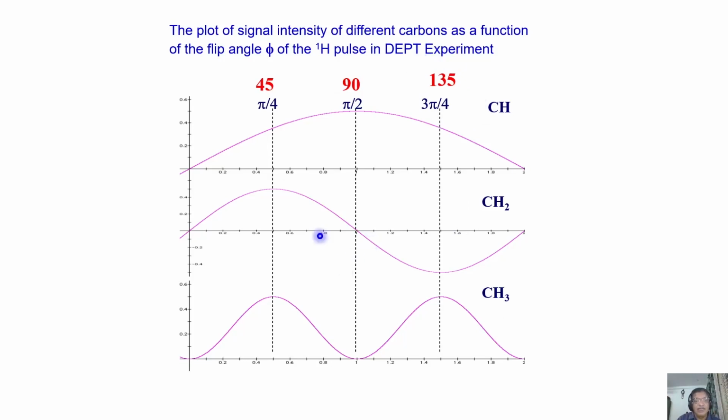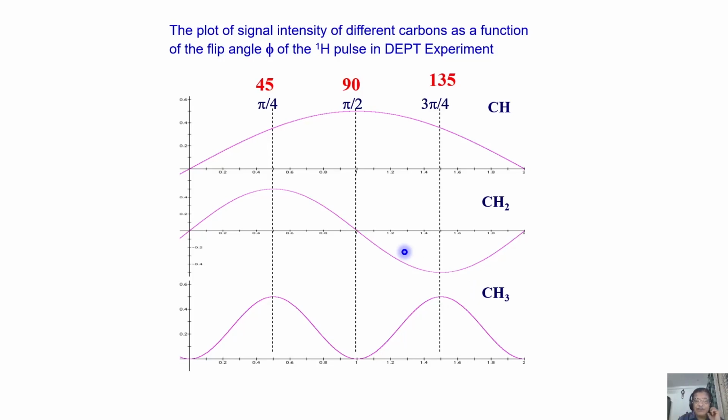Remember, I do three experiments. One is 45, one is 90 degree, other is 135. In which case, you look at the intensity of the signals. CH is positive, CH3 is positive, and CH2 is negative.